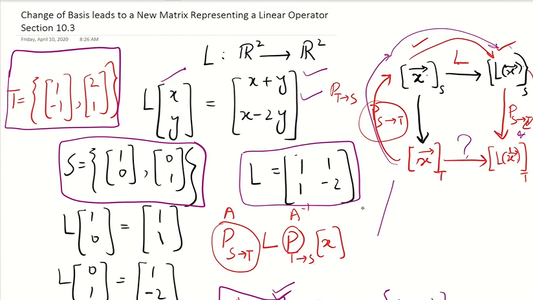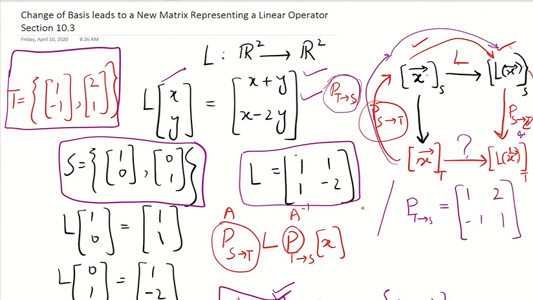Definitely I can find it, because the change of basis matrix from T to S is very simple to write. As I told you, any basis can easily be transformed into the natural basis by just putting the vectors of T into the columns. So the change of basis matrix from T to S can be simply written as [1 -1; 2 1].